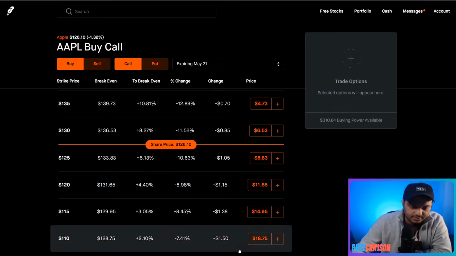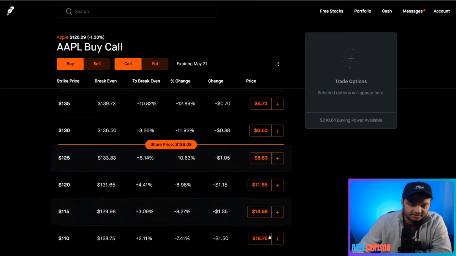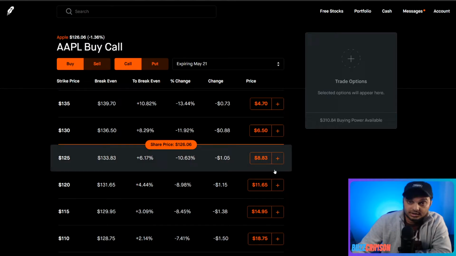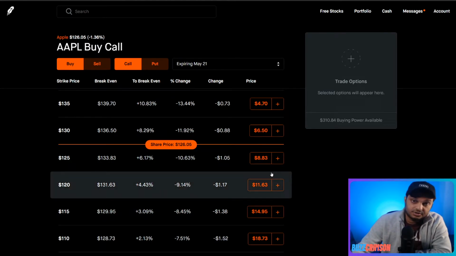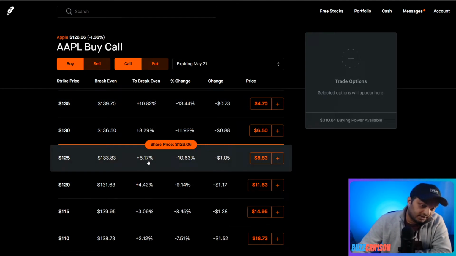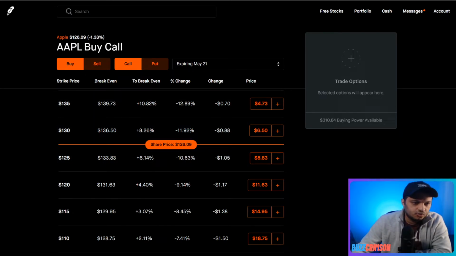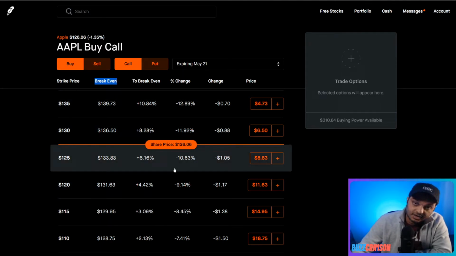The deeper in the money you go, the more expensive it is, because these are way easier to claim or exercise compared to these, because they're already in the money. That's how it works. I'll take you through what break-even price means, but for now, just think about in the money, out of the money.